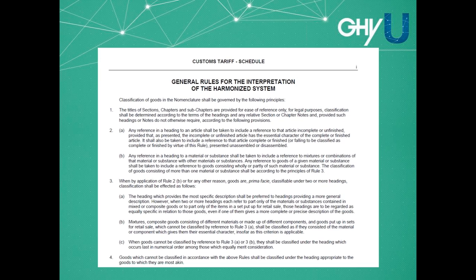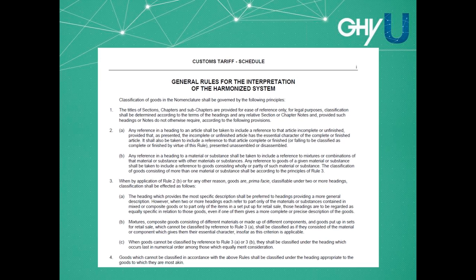What does that mean? Well, the rule applies only if goods have the essential character of the finished article. So an example would be a car without wheels. That would be classified as a complete car.